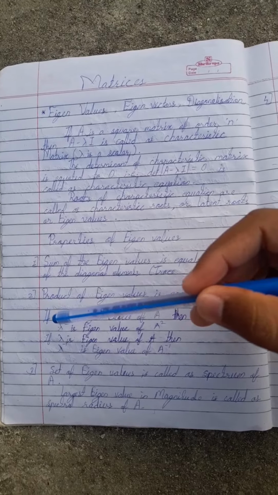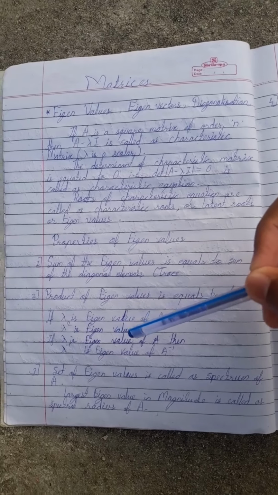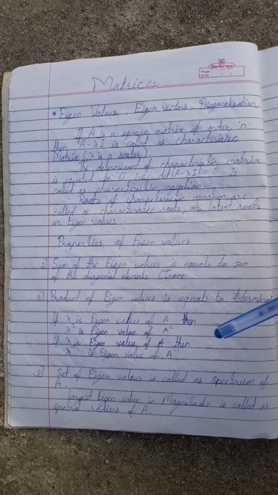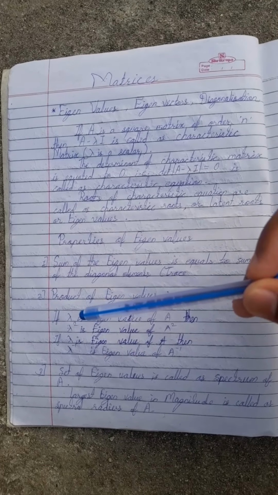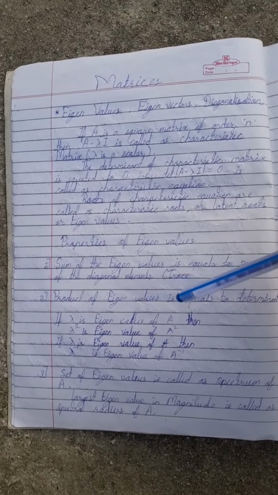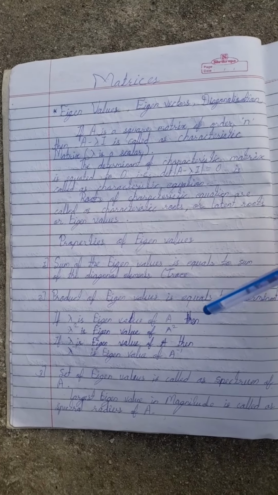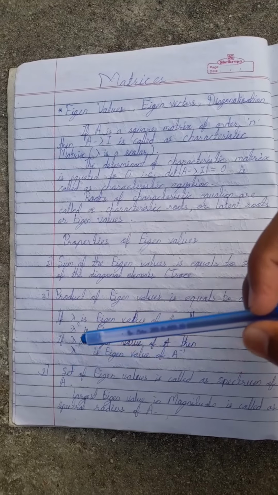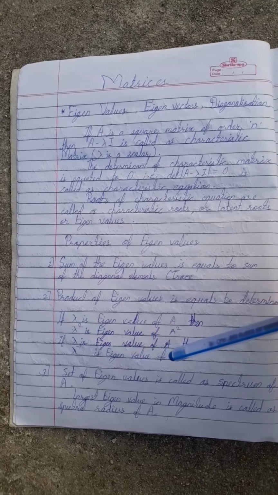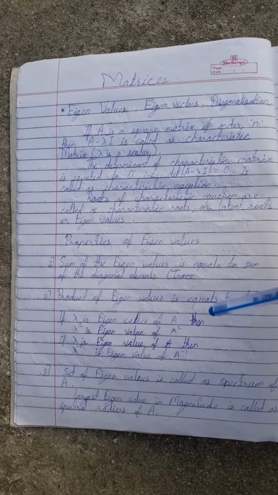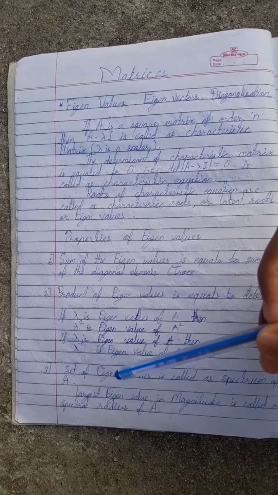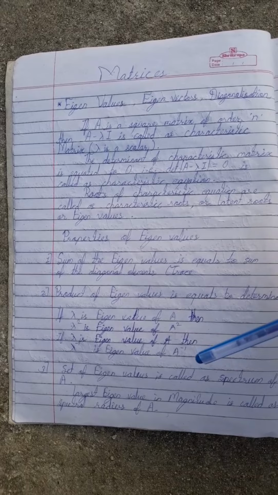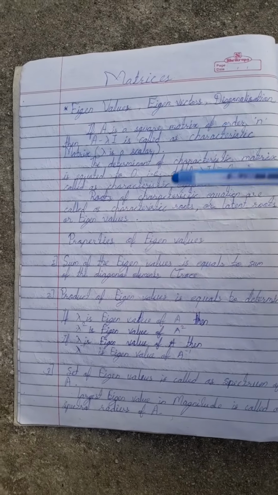If lambda is an eigenvalue of matrix A, then lambda square is an eigenvalue of matrix A square. Again, if lambda is an eigenvalue of matrix A, then lambda inverse is an eigenvalue of matrix A inverse.